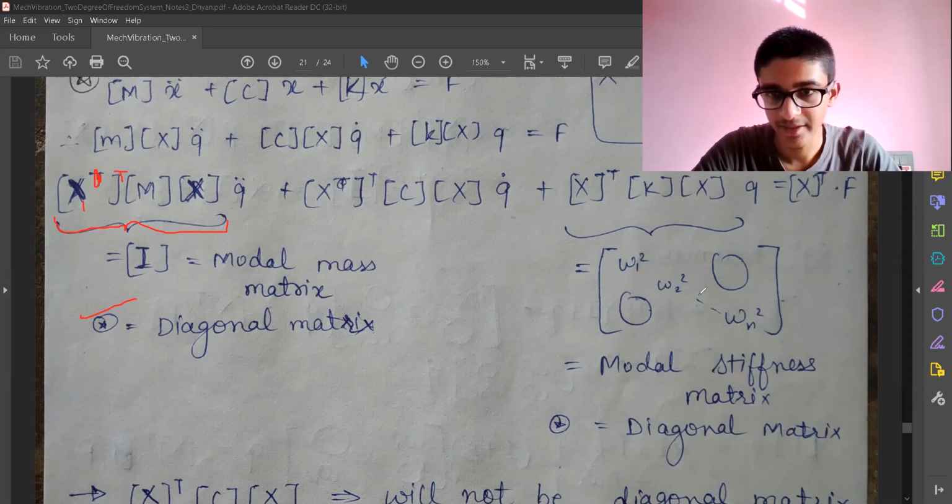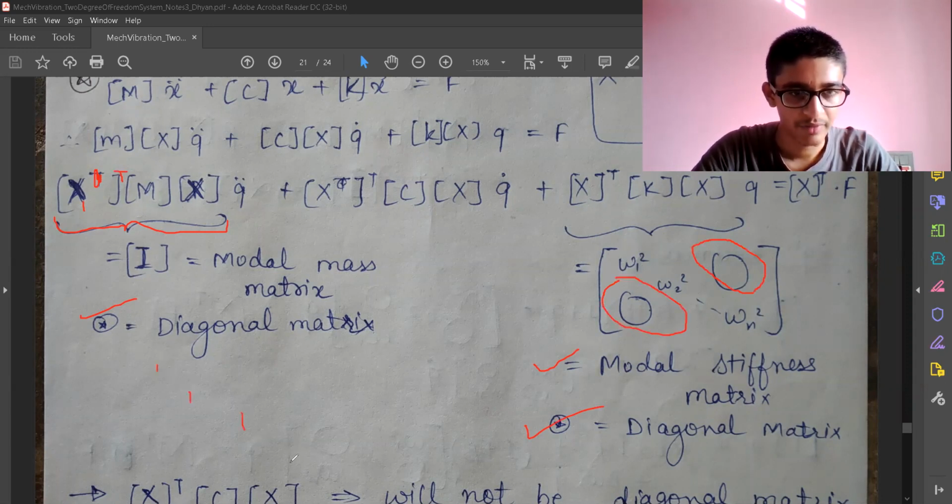So we have all the eigenvalues, omega 1 square, omega 2 square, up to omega n square. This is called the modal stiffness matrix, which is the stiffness matrix of the modal coordinate system. The main part is that this is also a diagonal matrix, so the off-diagonal entries are zero.